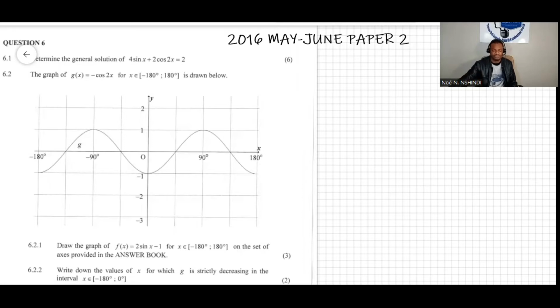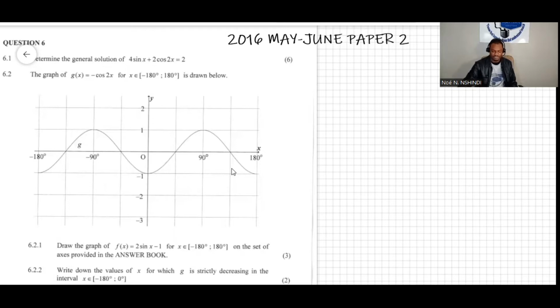Now, the following question says, draw the graph of f of x equals 2 sine x minus 1 for x in the interval -180 degrees to 180 degrees on the same set of axes provided in the answer book. Well, I just want to use this set.